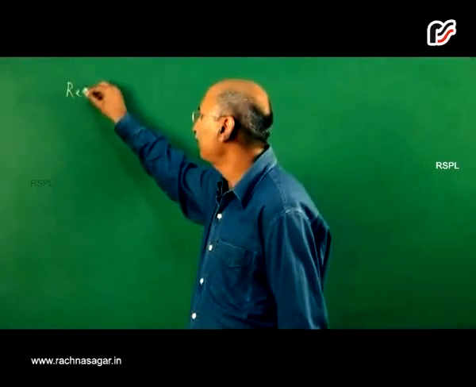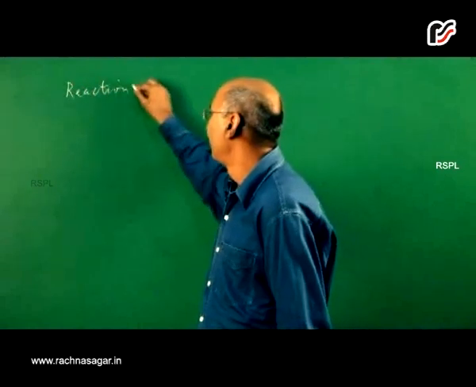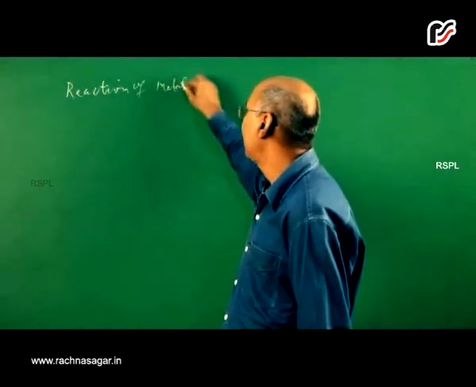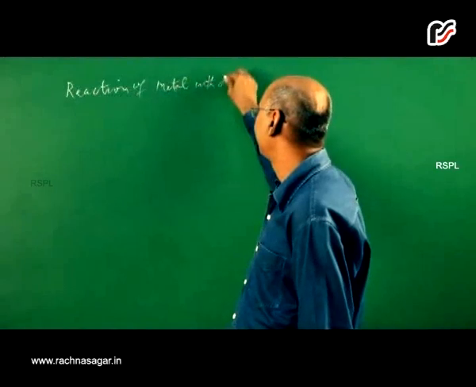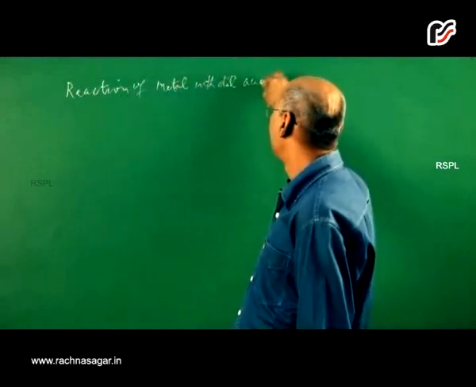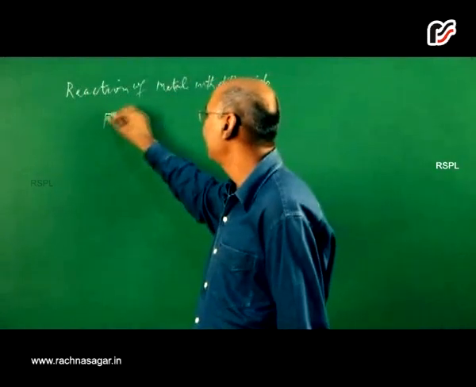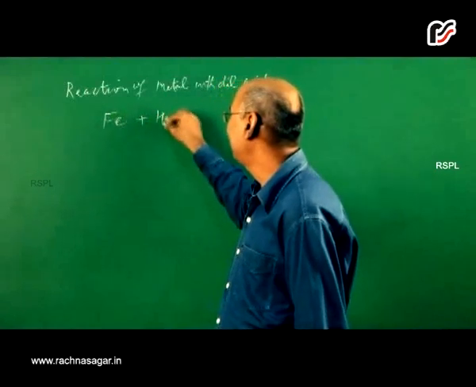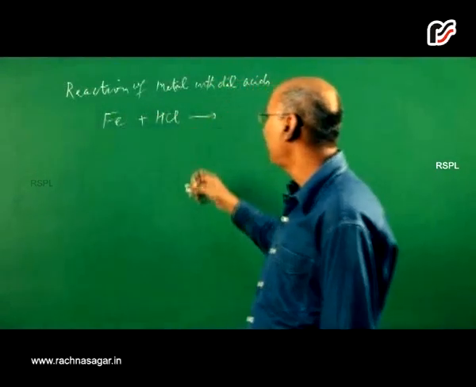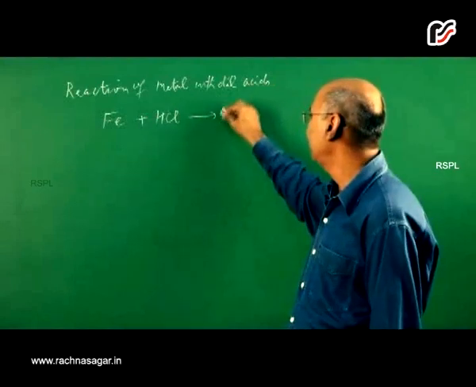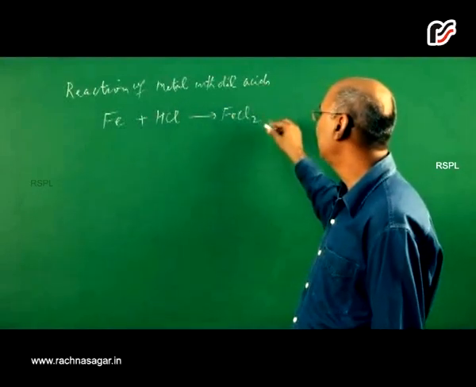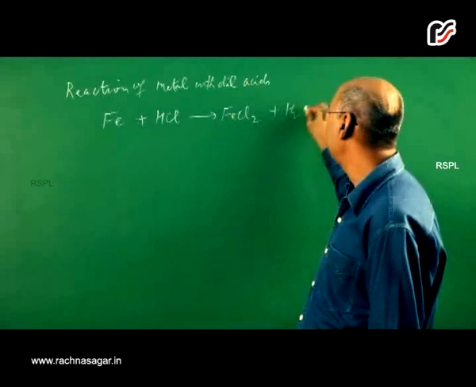Now we are going to take up the reaction of metals with dilute acids. Let's take up the reaction of iron with dilute HCl. When iron reacts with dilute HCl, we get FeCl2 plus hydrogen gas.